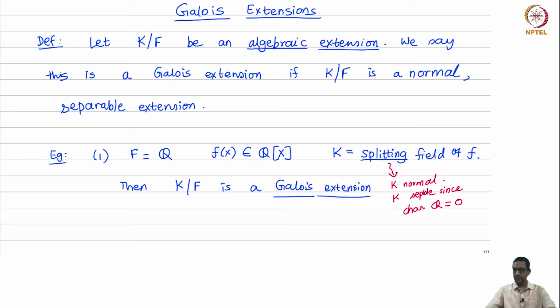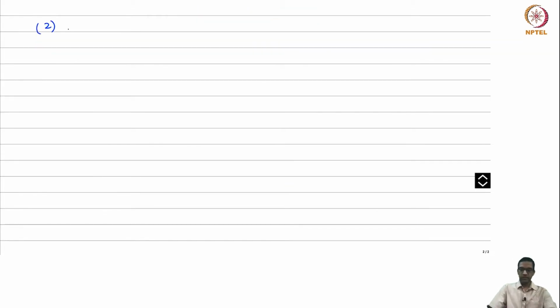Now let's look at a second example, which is for finite fields. If I take F to be F_p, then recall, in this case it has finite characteristic, but F is perfect. That meant that the Frobenius map is an automorphism of the field. And in this case, again, you will get separability for free.